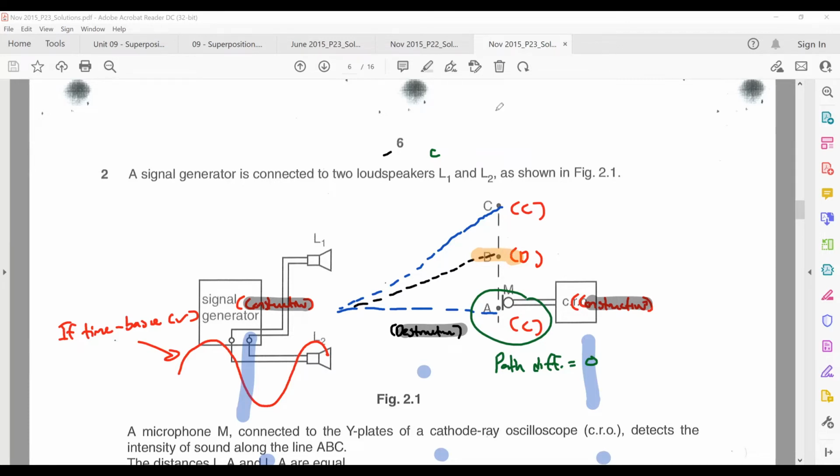But how sure are you that this is actually the first dark fringe? It could be the second, it could be the third, it could be the fourth. You just don't know. The question merely mentioned point A, B, and C. They didn't mention that all these are adjacent to each other.